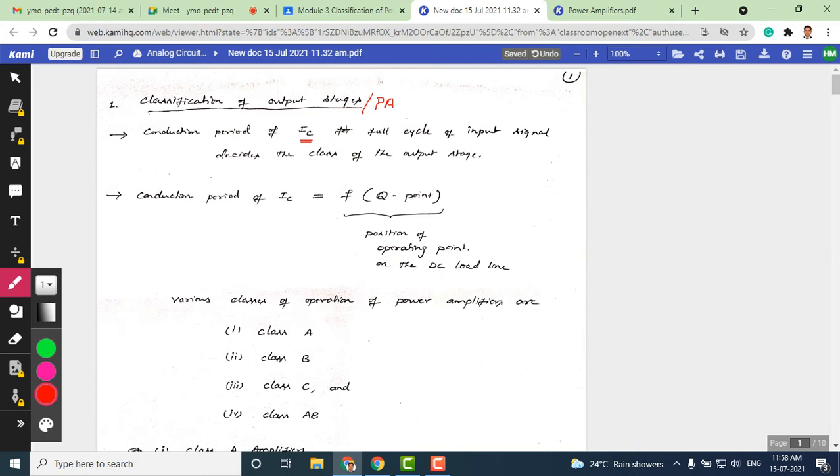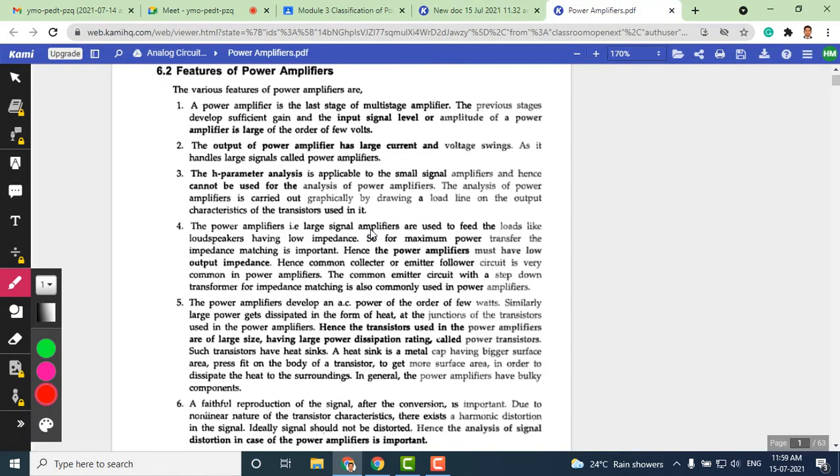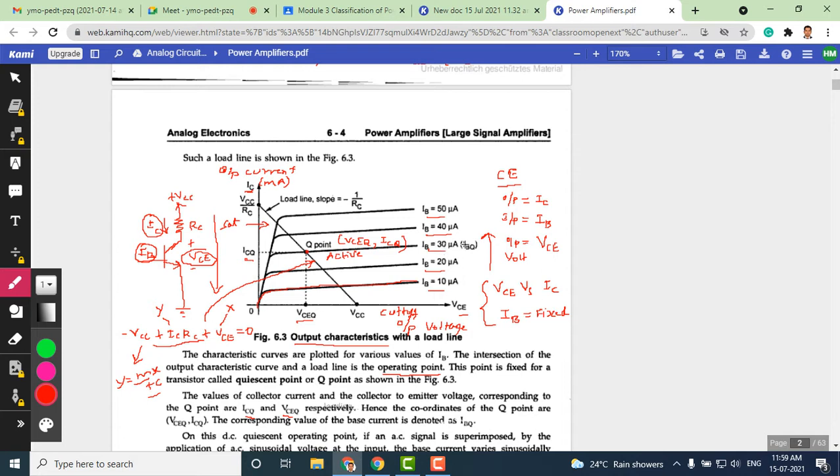Last class, if you can recall, we explained the characteristics of a BJT. This is the output characteristics of a BJT, the graph of VCE versus IC for a constant base current. From the common emitter circuit point of view, KVL can be applied from the DC collector voltage to the ground.